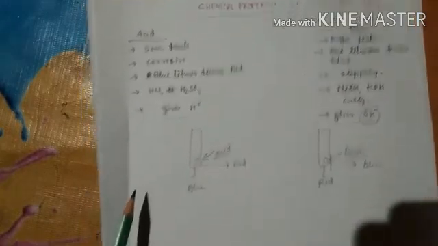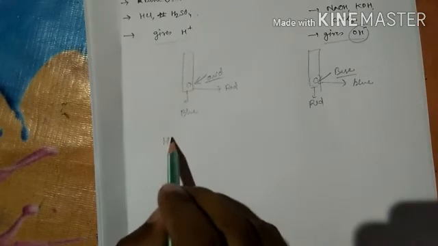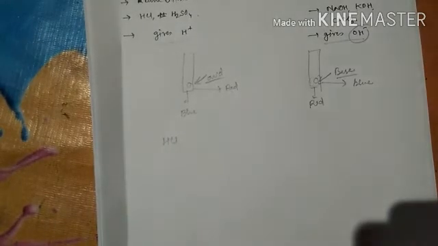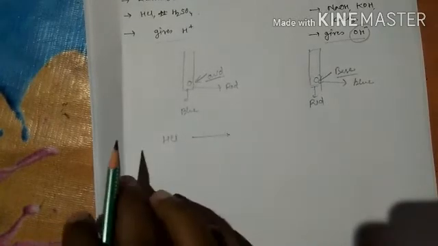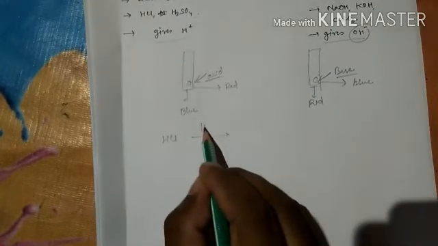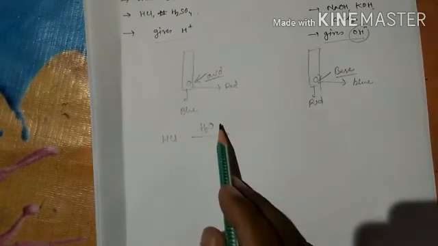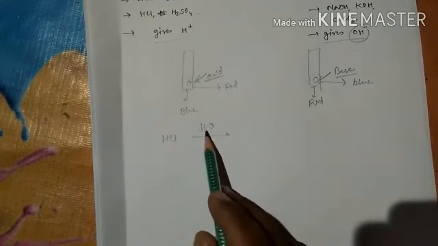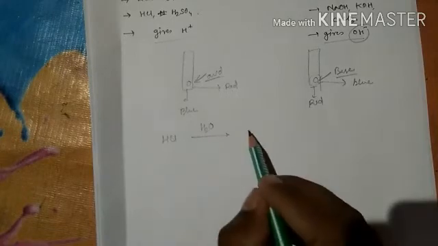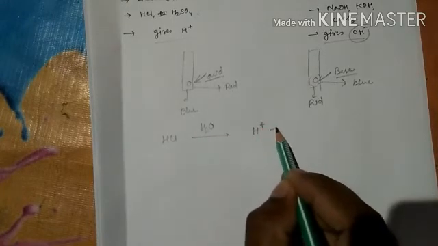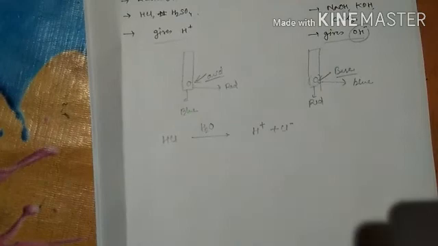Now see how. Let us take an example of acid. Suppose HCl, that means hydrochloric acid, is a well-known example. When hydrochloric acid reacts with water, remember water is necessary, it will produce H plus and Cl negative.